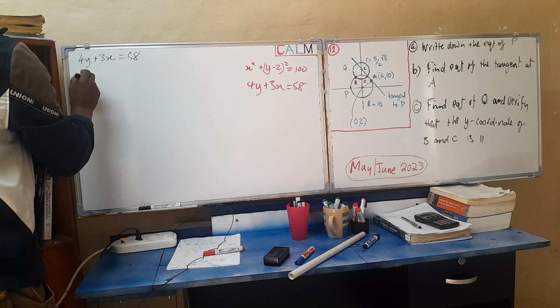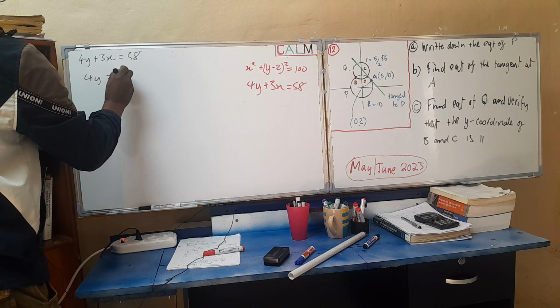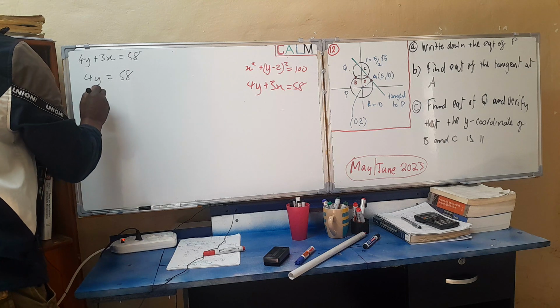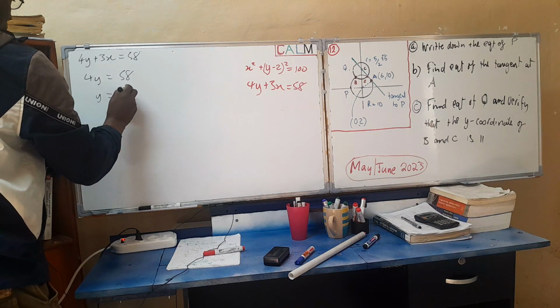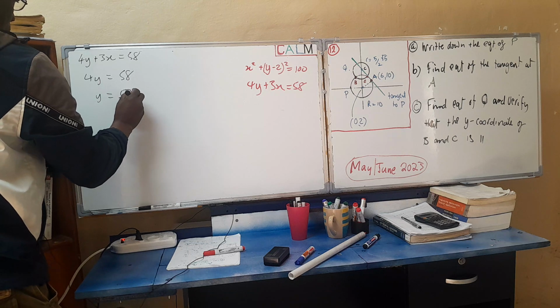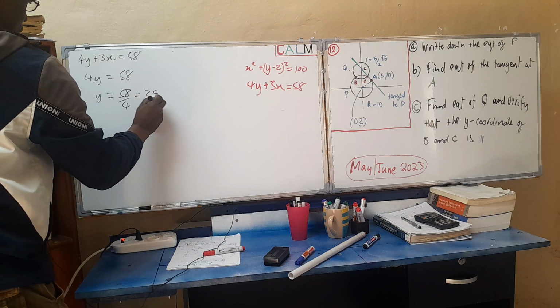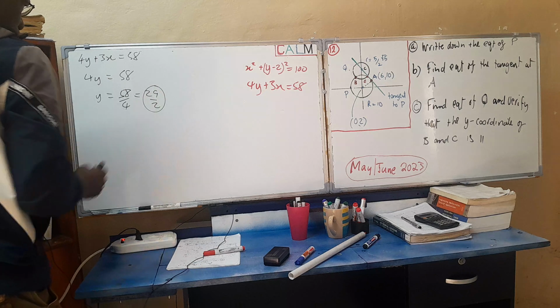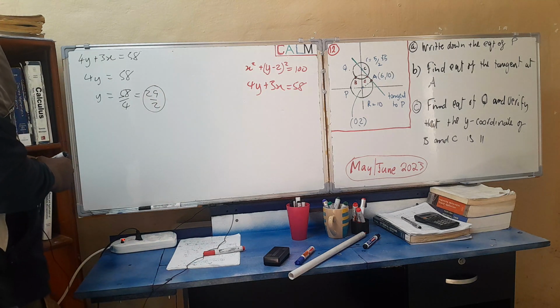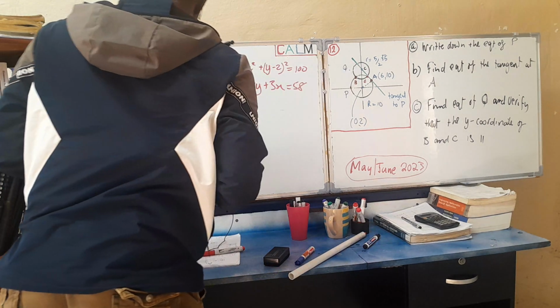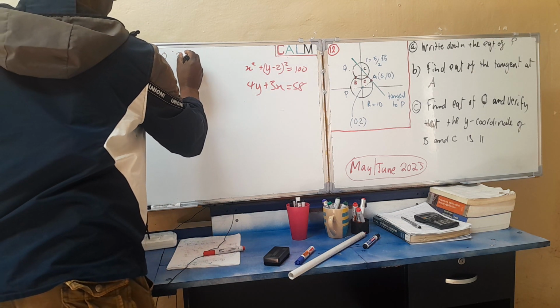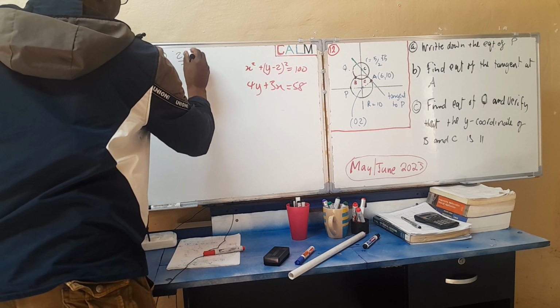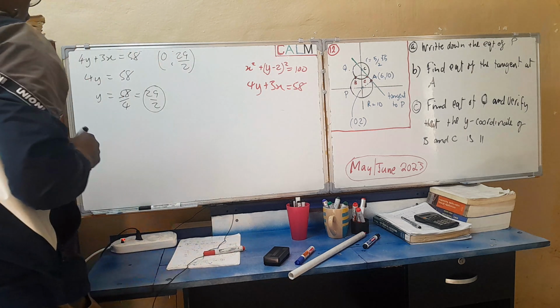So when x is 0, 4y is equal to 58, which means y is equal to 58 over 4, which of course is 29 over 2. That is the value of y. So the circle is centered at (0, 29/2). That's the center of the circle Q.